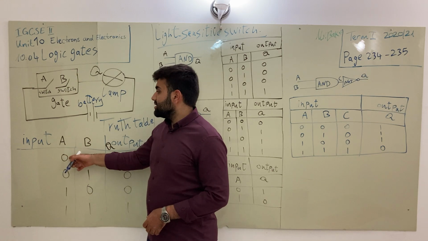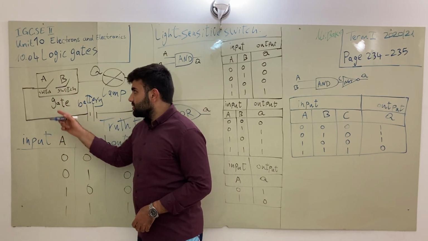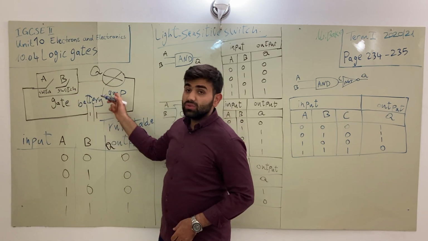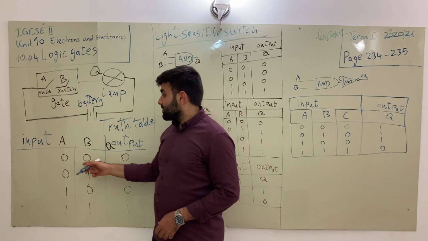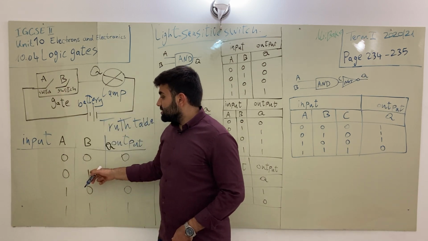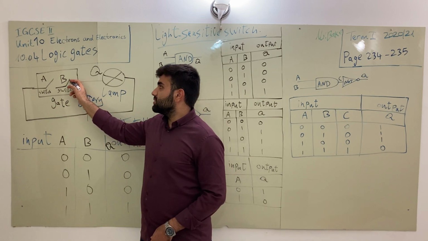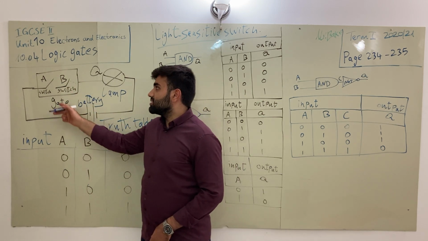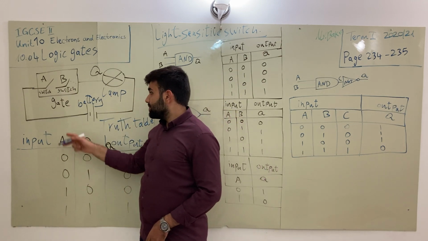So in this case, if A is 0 and B is 0, the circuit won't work. That means the output will be 0. In the other case, A is 0 and B is 1. That means B is connected, but it still didn't work, so the output is also 0.